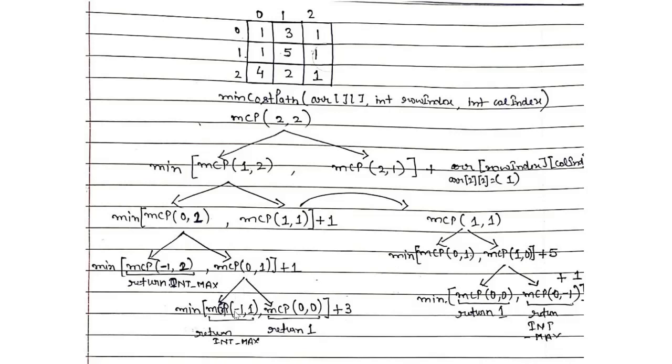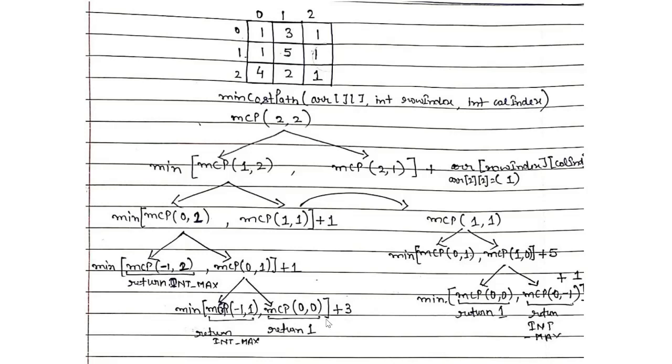We recursed for MCP minus 1 1 and min cost path 0 0. But do we have such a cell in our matrix? No. So our answer to this subproblem would be dependent only on MCP 0 0. Why? Because whatever the value over here might be, it would always be less than int max, and I am sure that I would be returning int max over here because I have no row above this row.